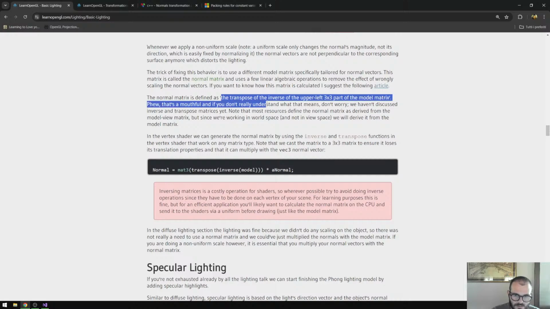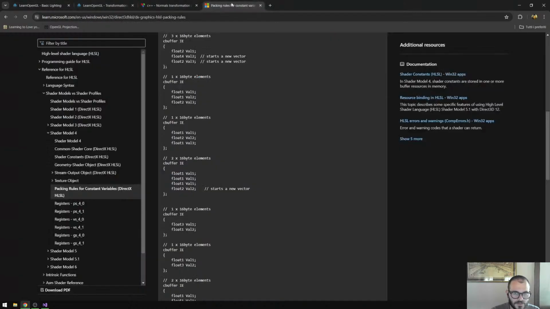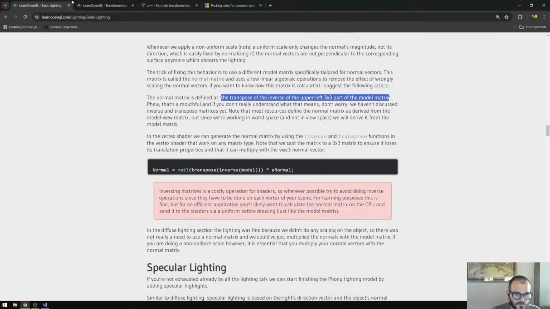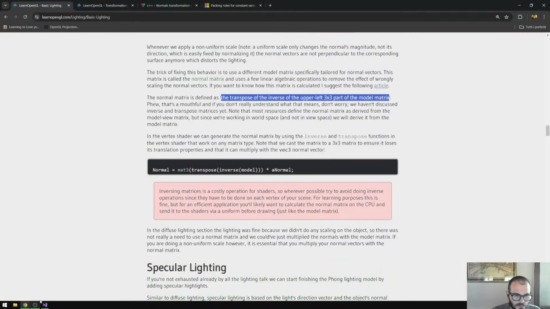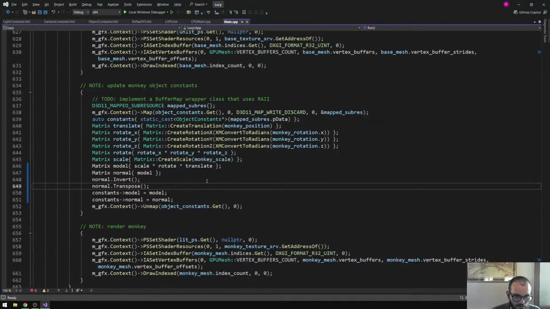the transpose of the inverse of the upper left 3 by 3 part of the model matrix.